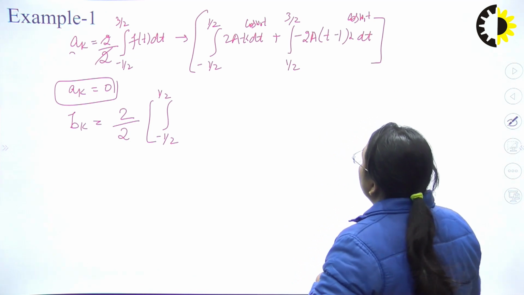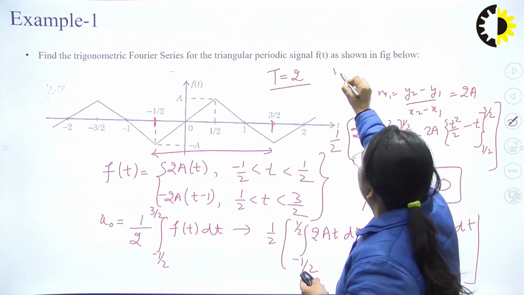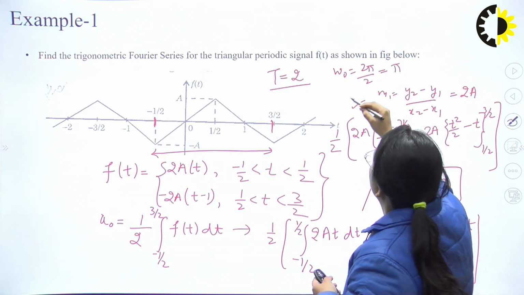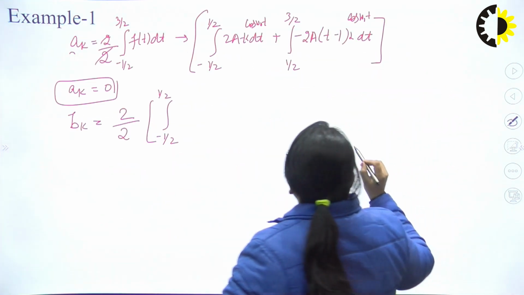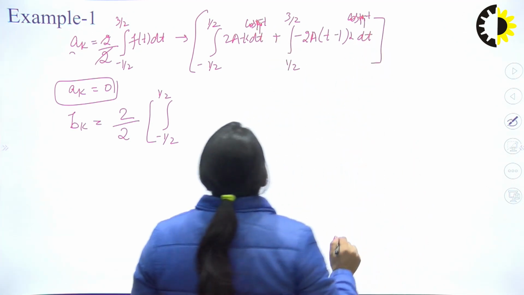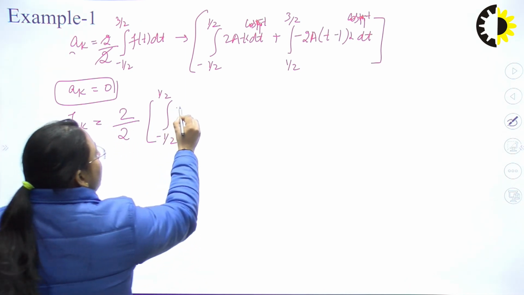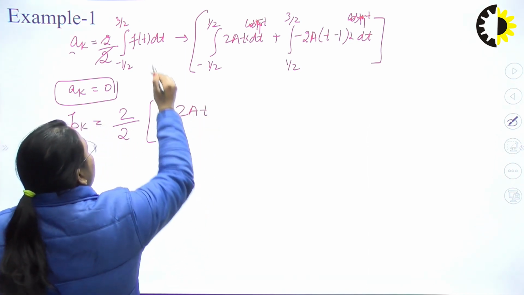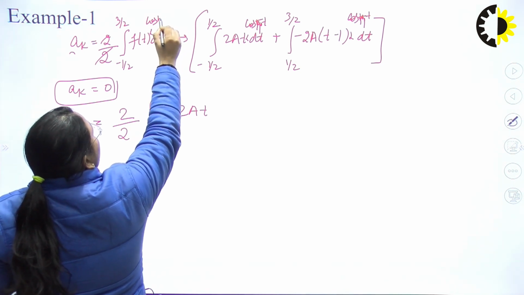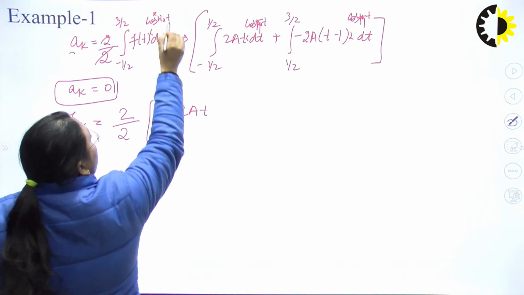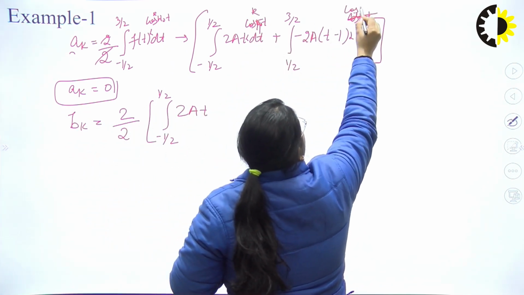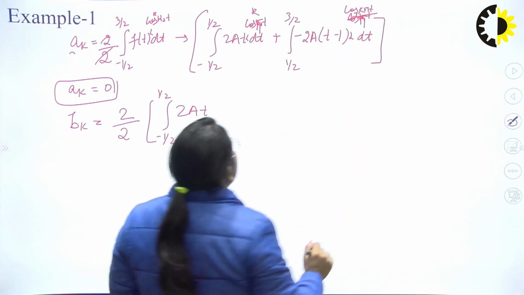What is the value of omega naught here? Omega naught will be equal to 2 pi by T, which comes out to be pi. So here it is cos pi t, and again here cos pi t. For bk it will be 2a, because here the function is f(t) into cos k omega naught t, I'll write cos k pi t.